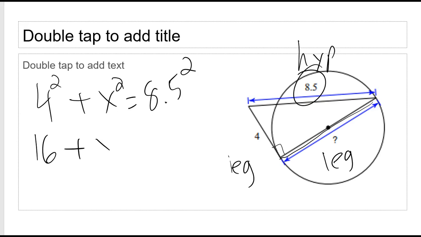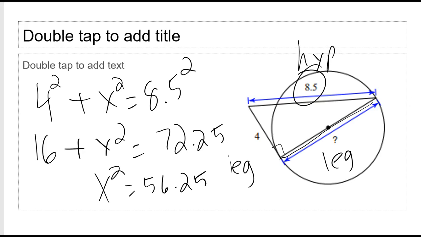So it's 16 plus x squared equals 72.25. I'm going to subtract 72.25 minus 16. Get x squared equals 56.25. Take the square root of that, so that means my leg right here is 7.5.